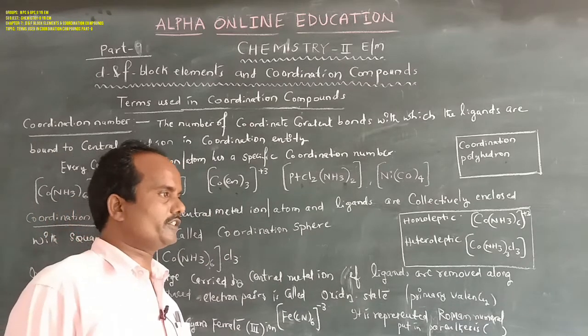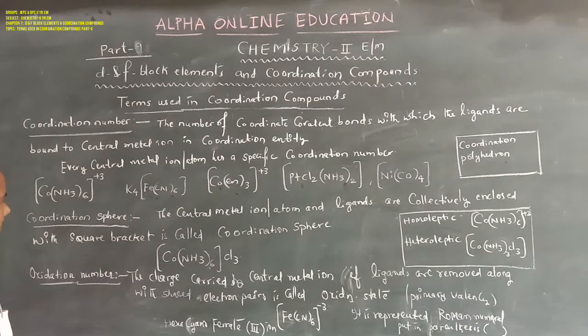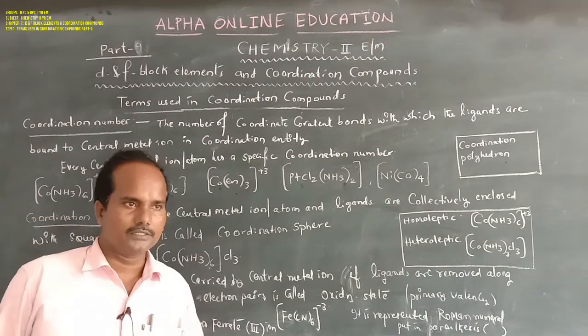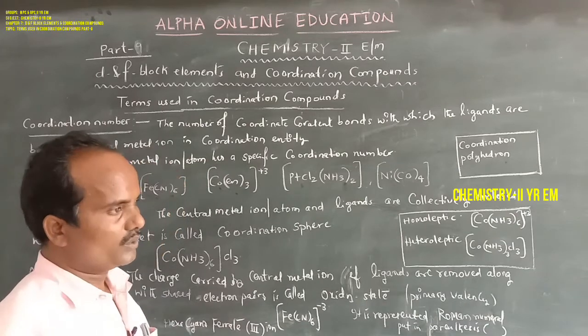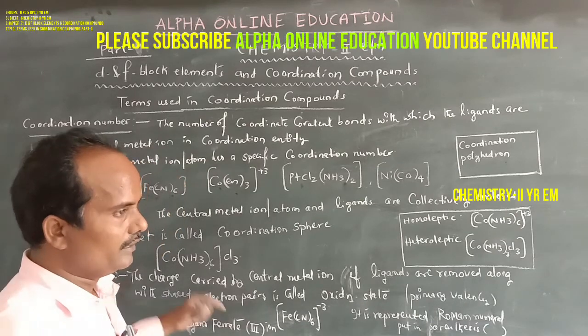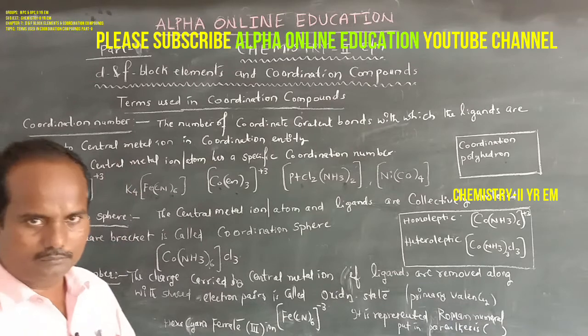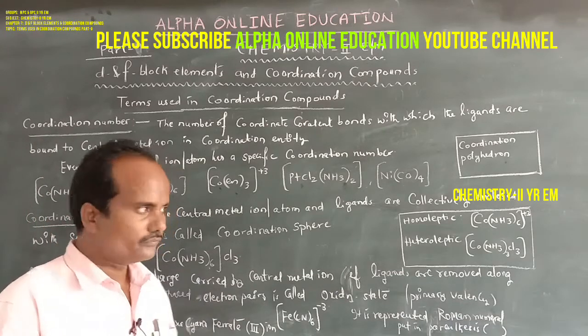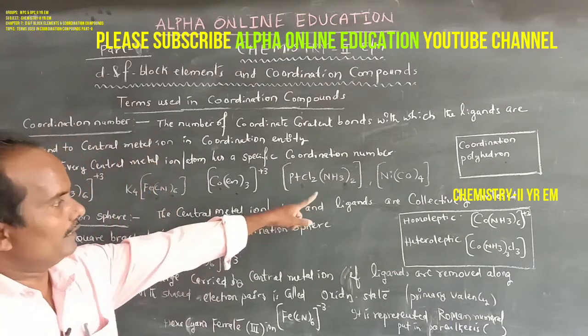Then next one is coordination sphere. So what is meant by coordination sphere? When you observe the coordination entity, there is a central metal atom or ion and ligands.